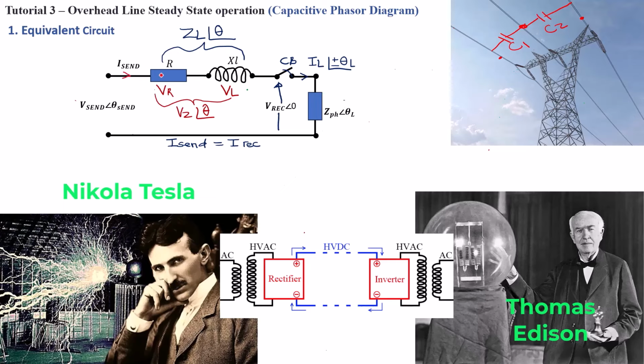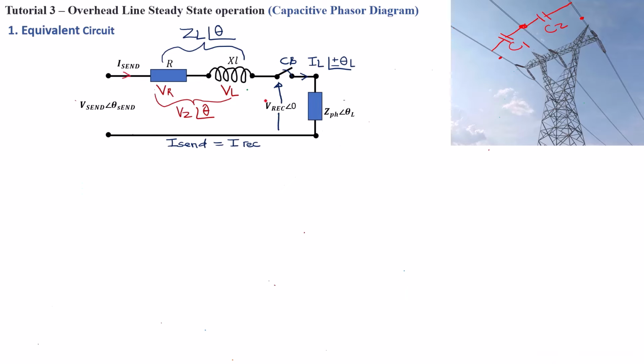Let's get back to our steady state operation for a transmission line running at 50 or 60 Hertz frequency, because this circuit will also behave differently if you have a voltage source that is running at a higher frequency, right? That will be very different if you supply a PWM signal at 100 kilohertz or 1 megahertz and so forth.